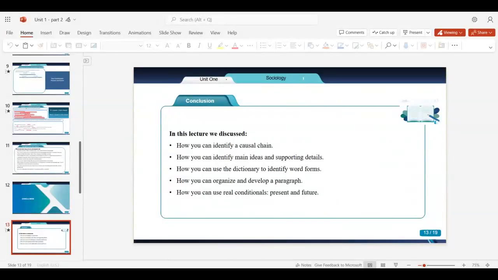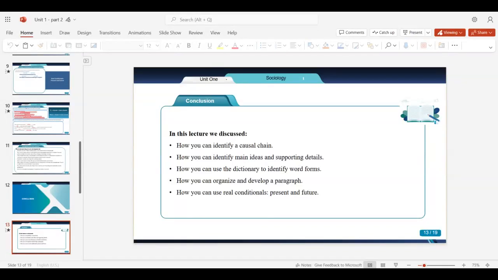If you remember, you watched a video related to this. The second point is main idea and supporting details, which we discussed up till the end of the unit. Then we discussed the usage of the dictionary, how we use it and how we identify word forms. We also learned how to organize and develop a paragraph in this section.